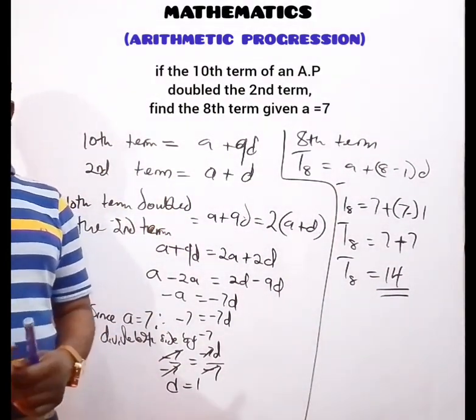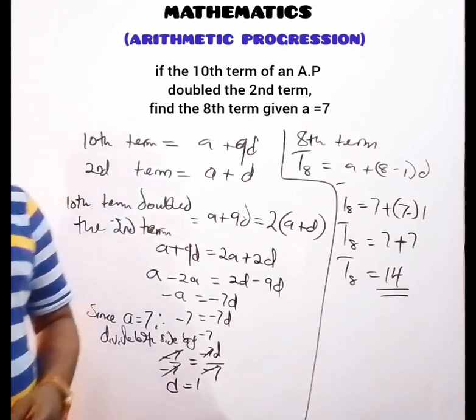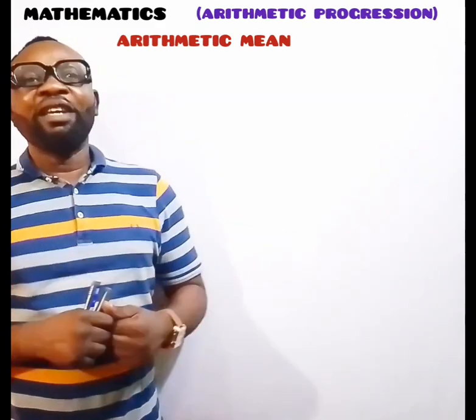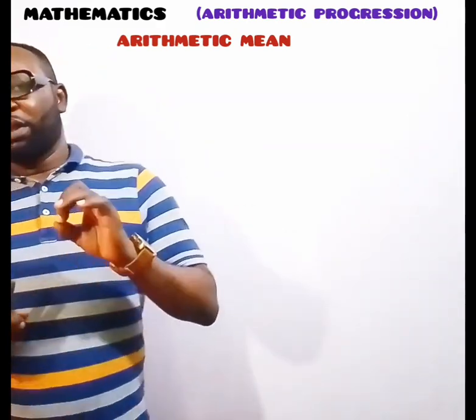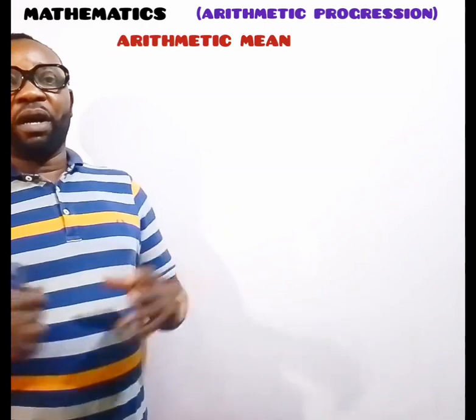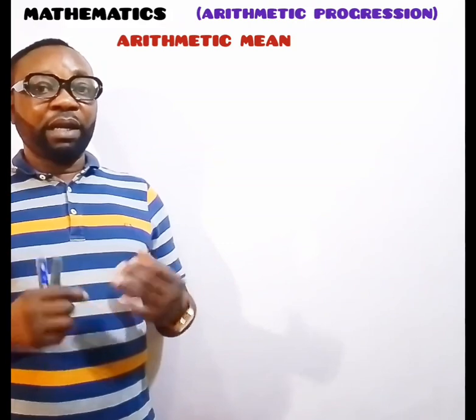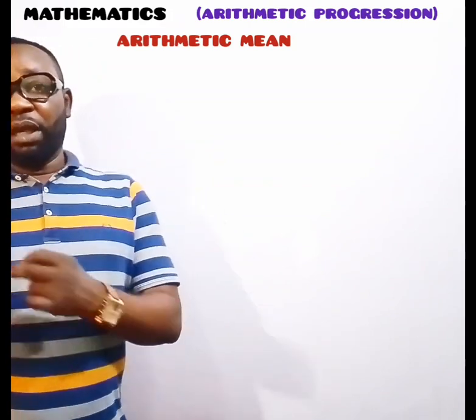Stay tuned for another question. We want to look at the method of finding the arithmetic mean of an arithmetic progression. It looks somehow related, but you have to take note that in mathematics, when we are asked to find the arithmetic mean of any set of given values, what we will do is add up the values together, then divide by the number of times at which they occur.